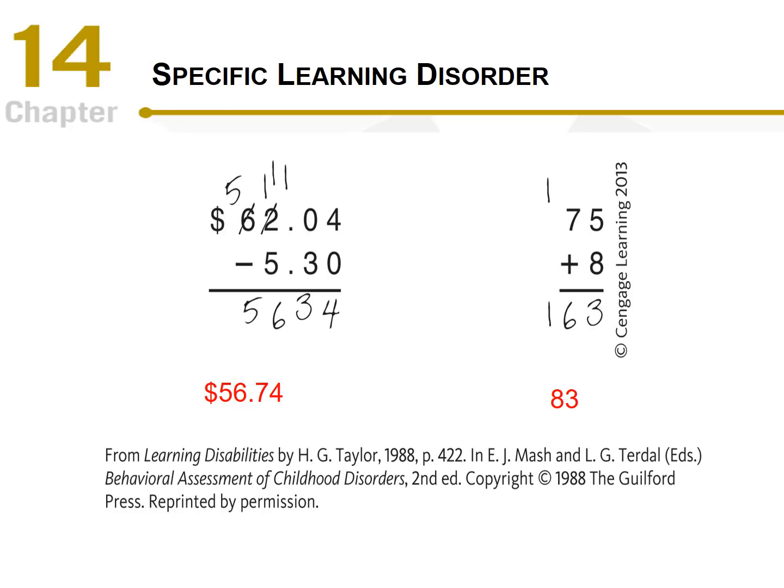We see all that borrowing or carrying, I'm not even sure, to be honest, over the 2, but it never got written in the right place to get the computation right. Instead of carrying that 1 over beside the 0, they just put it above the 2, and that got them off in this calculation. So you can see some examples here of how those math skills, those computation skills, the procedural skills, are important.